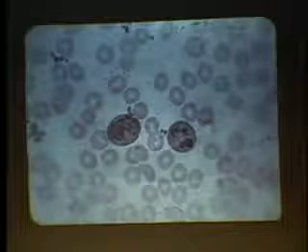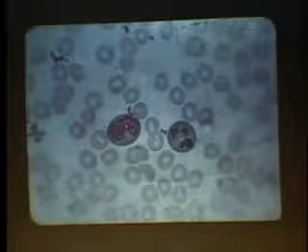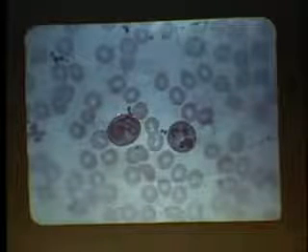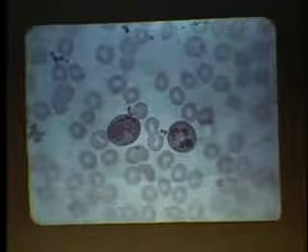Can't you see that kidney shape? It's not lobulated like the polymorphs. So what is it? It's a monocyte. A big kidney-shaped nucleus, lots of cytoplasm, and it's going to phagocytize.